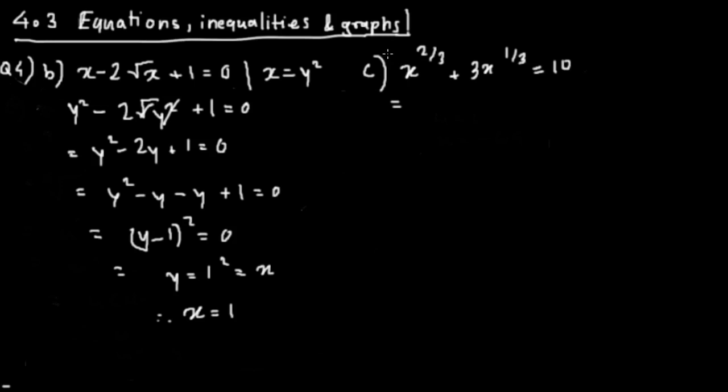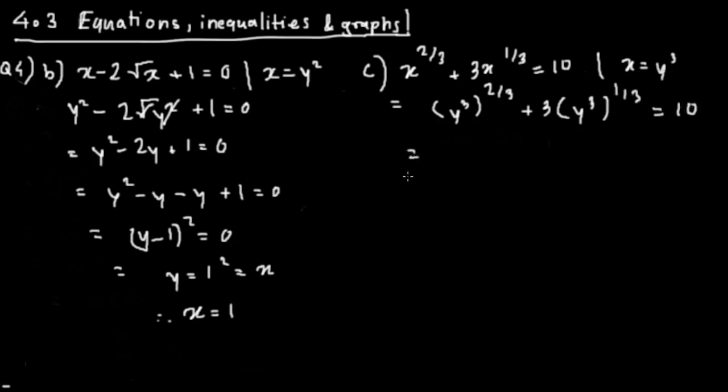So using the substitution x is equal to y cubed, we can say, hey, we can plug this back in. So y cubed to the power of 2 over 3 plus 3 into y cubed to the power of 1 over 3 is equal to 10.